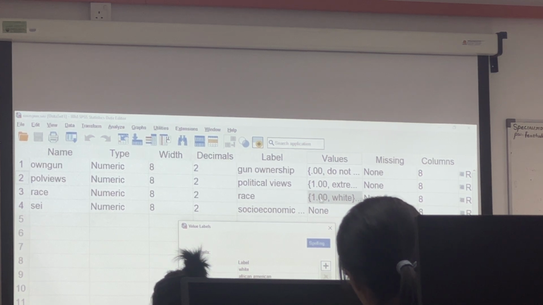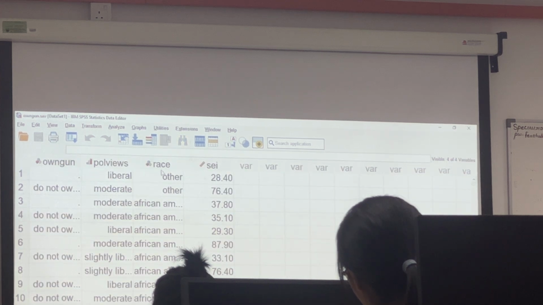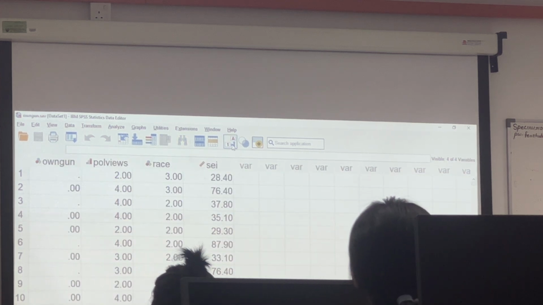You have values 1 for white, 2 for African American, 3 for others. If you want to run this in EViews, you have to convert this to dummy variables. You cannot directly include this because it is categorical.